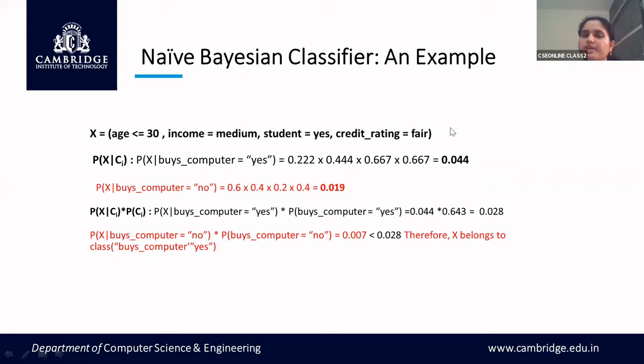So the posterior probability of buys computer yes is greater than the posterior probability of buys computer equal to no. So hence we can conclude that for this particular test tuple, the class label that is assigned would be buys computer is equal to yes. So you are able to follow?